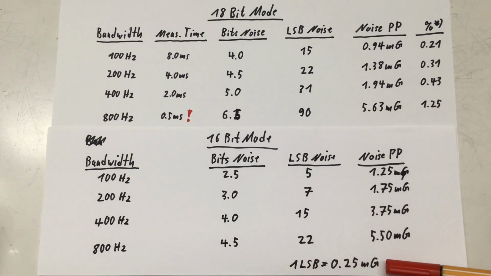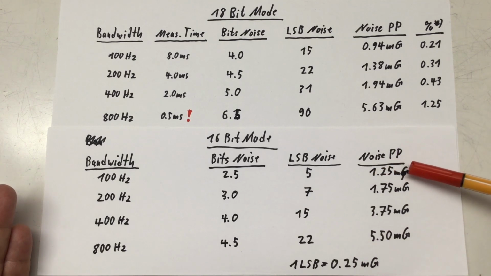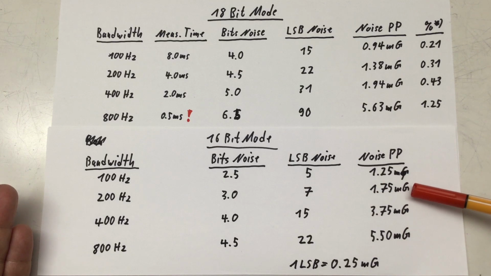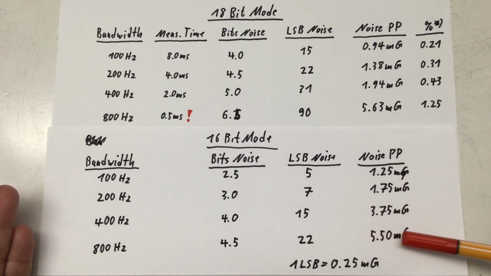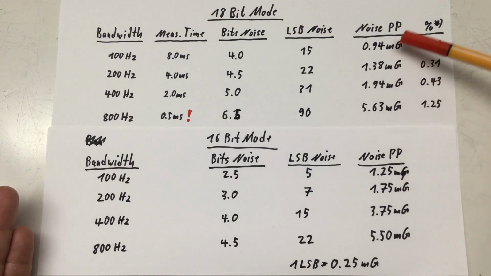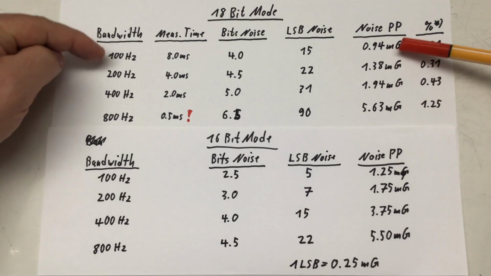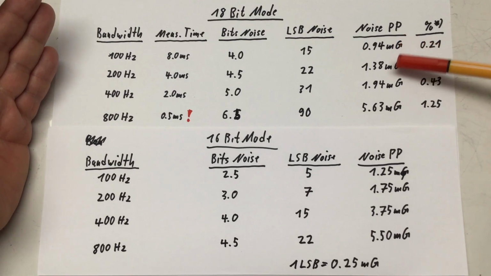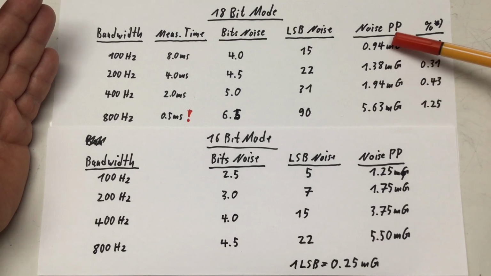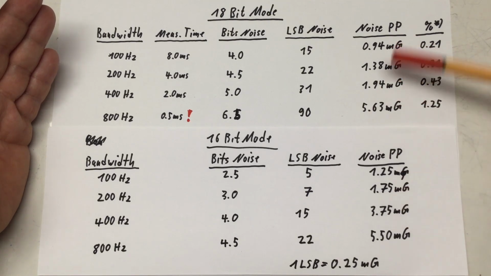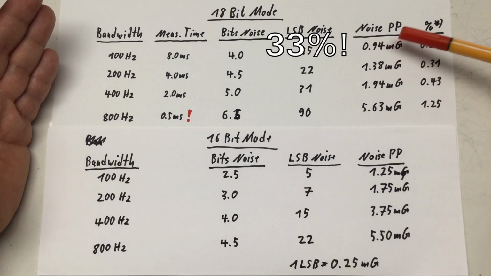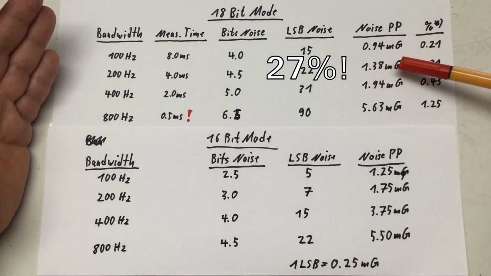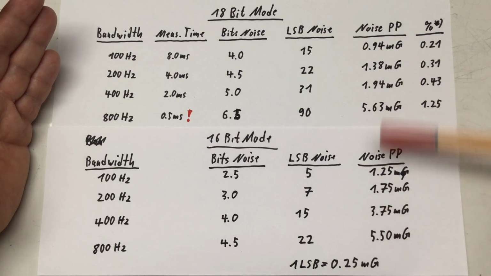And we multiply that by now our LSB is worth 0.25 milligauss, 1.25 milligauss noise peak to peak, 1.75, 3.75 and 5.5. And if you compare that, only the first 3 values for 100, 200 and 400 Hertz mode, you see we gained quite a lot of noise. Okay, so about 50%, yeah, here a little less than 50%, and here we almost doubled it.